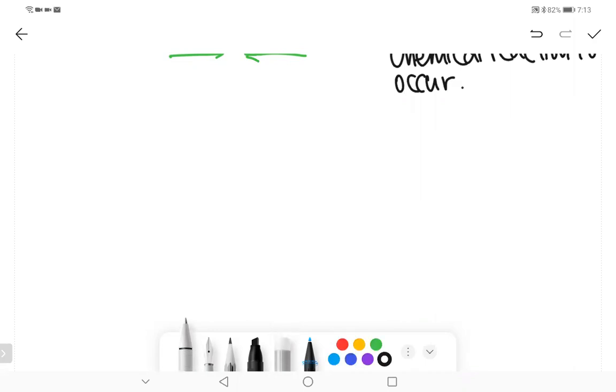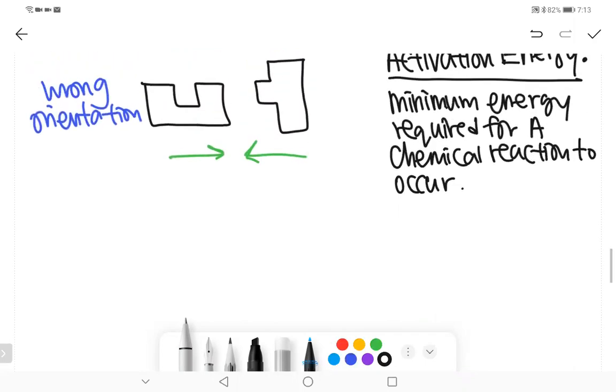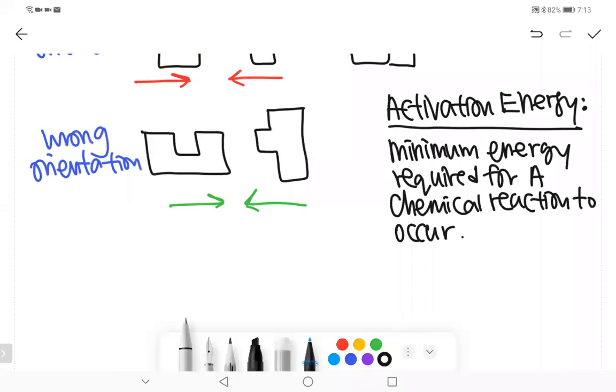Okay, what do we mean by enough energy? There is always a minimum energy that we need for the reaction to occur. This minimum energy is called activation energy. So if I want the chemical reaction to occur, my raw material must have energy which is equal or more than the activation energy.